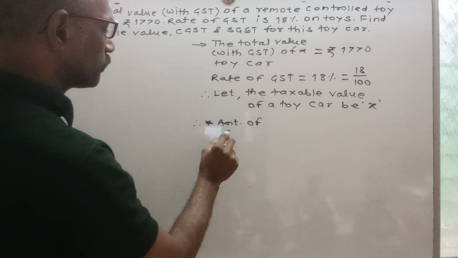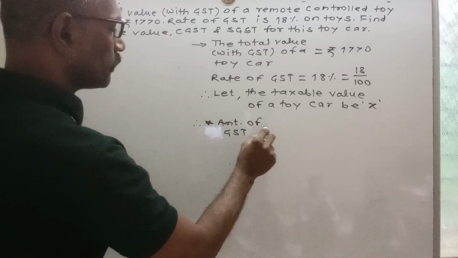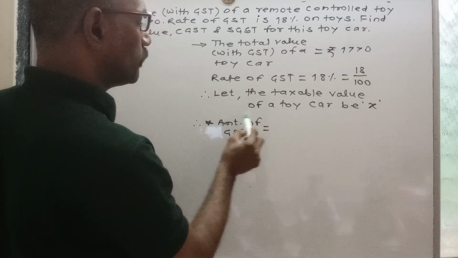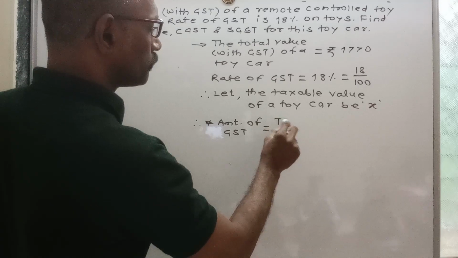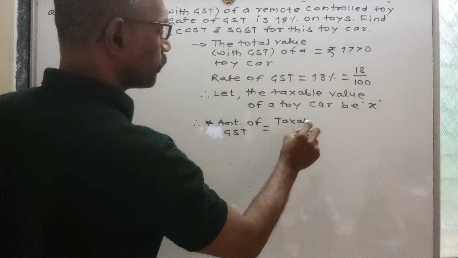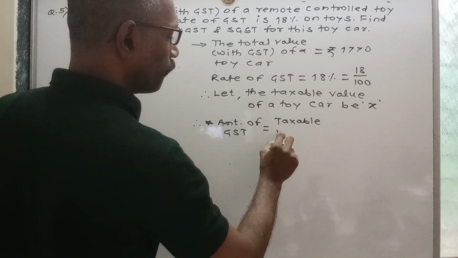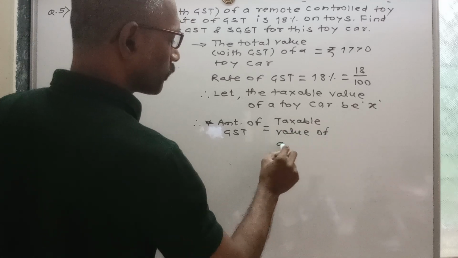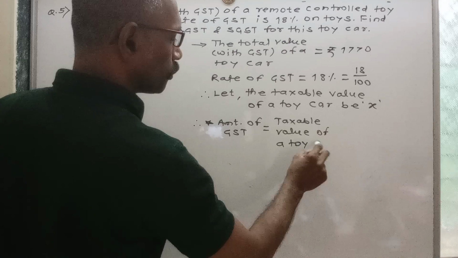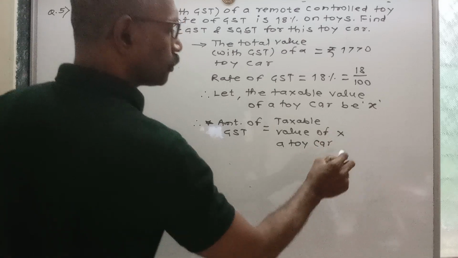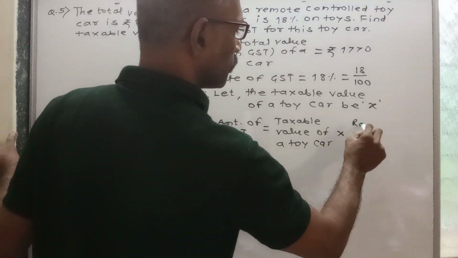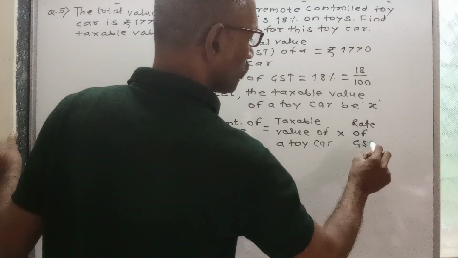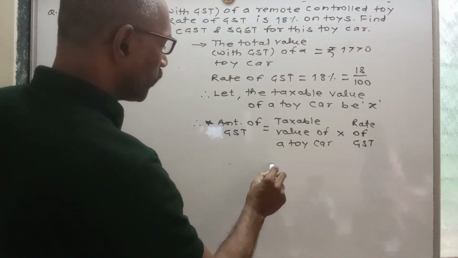Amount of GST is equal to the taxable value of a toy car into the rate of GST. Now we put values.